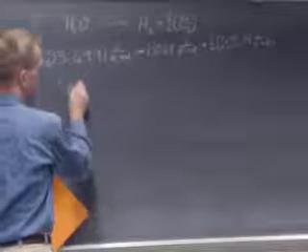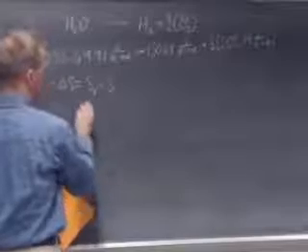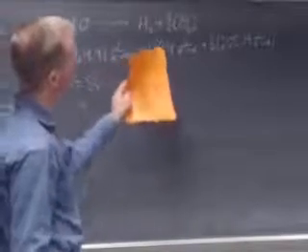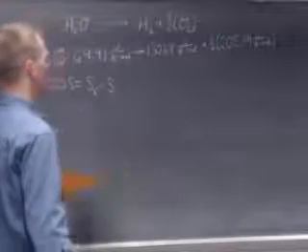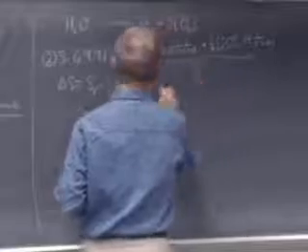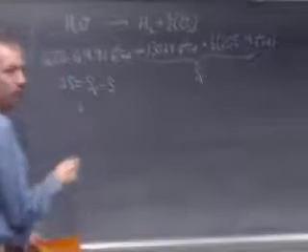Now, delta S is simply S final minus S initial, which is 130.68 plus 1/2 times 205.14.